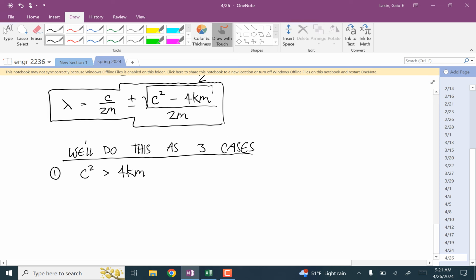Okay, this has two real roots. Think physically about this. What does this say about the damping? Well, we're saying c squared is bigger than 4km, so you can think of this as a case where we have a lot of damping, relative to those other two things. And so this is going to be called the overdamped case.